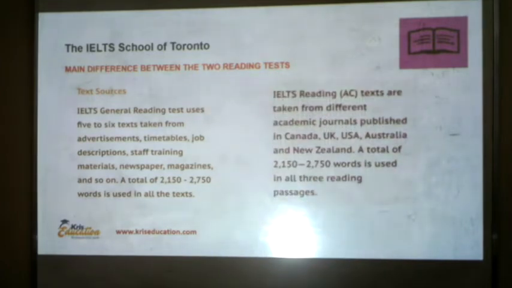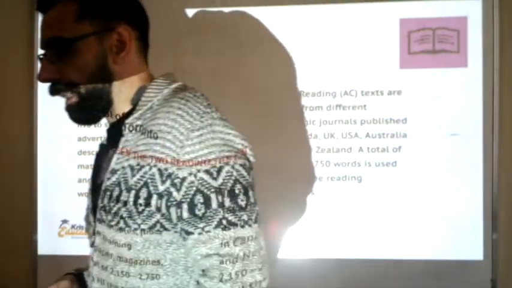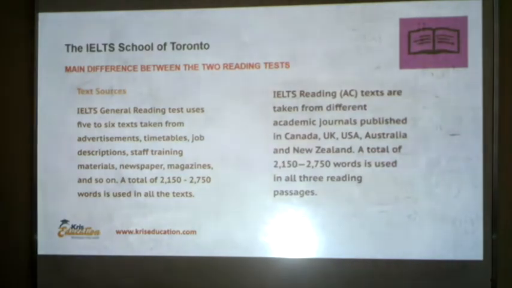The main difference between the academic reading test and the general reading test are the sources that IELTS uses. For the general reading test, IELTS uses a variety of sources that are typically encountered during your everyday life in an English-speaking country.